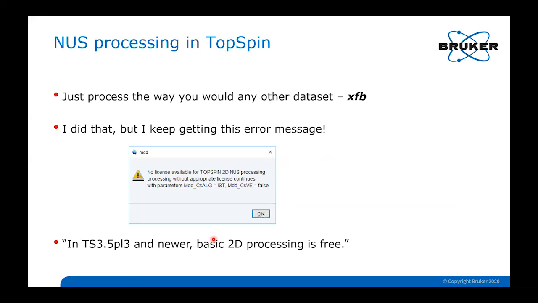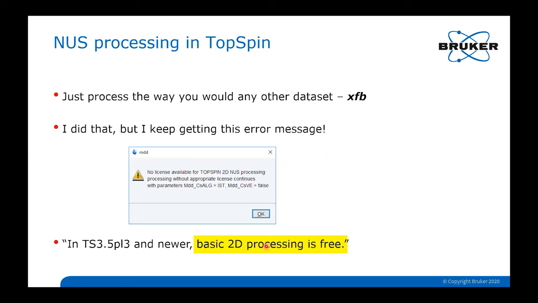And something that happens commonly, I just told you 2D processing is free. Most of the parameters are set, you don't need to worry about it, but sometimes you'll get this message about no license being available. And this goes back to the idea that basic 2D processing is free. Some of the other 2D processing algorithms do require a license.